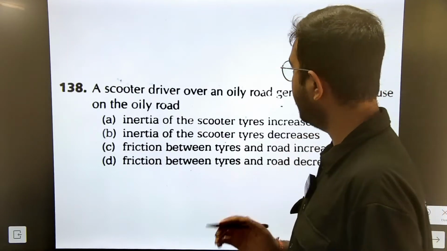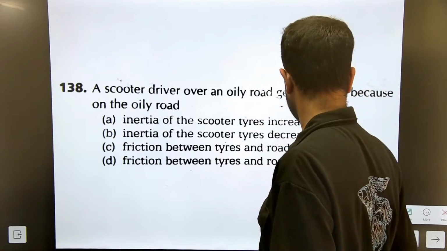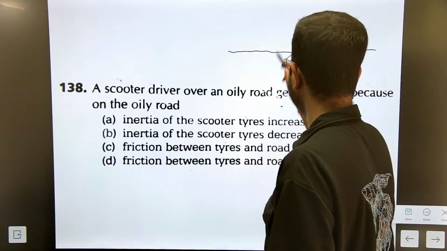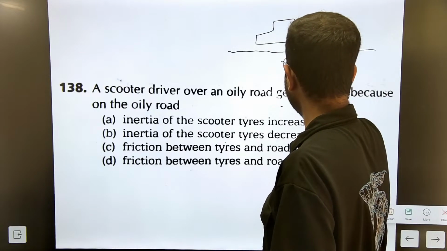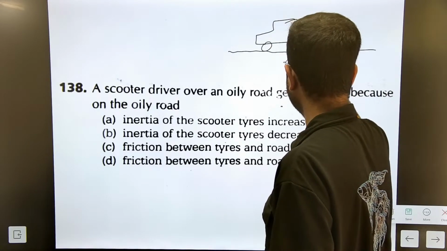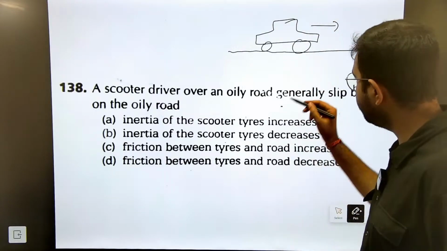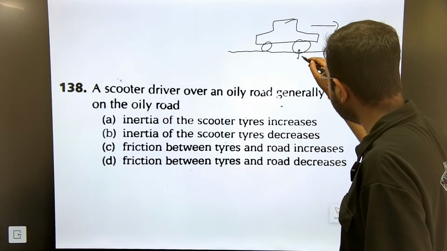See, when we are driving on the road, say this is the road, and we are driving a car on it, sorry for my drawing, there is a force of friction between the tire and the road.